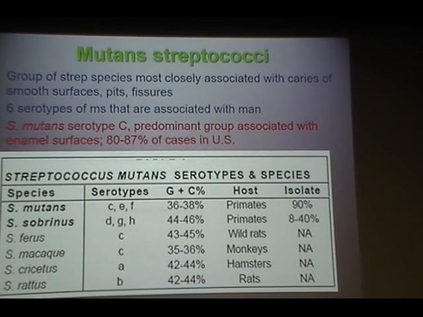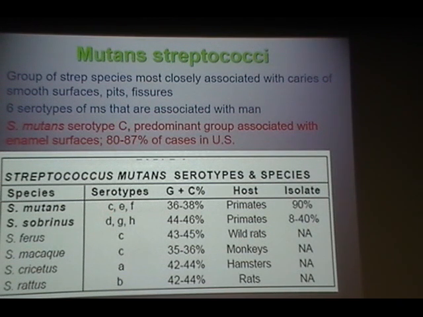There are other animals that can generate caries in their teeth because of different specific streptococcal cariogenic bacteria that are indigenous to those animals. So strep mutans and strep sobrinus that I mentioned to you before, these are the different serotypes, C, E, and F for strep mutans, D, G, and H for strep sobrinus. Okay?